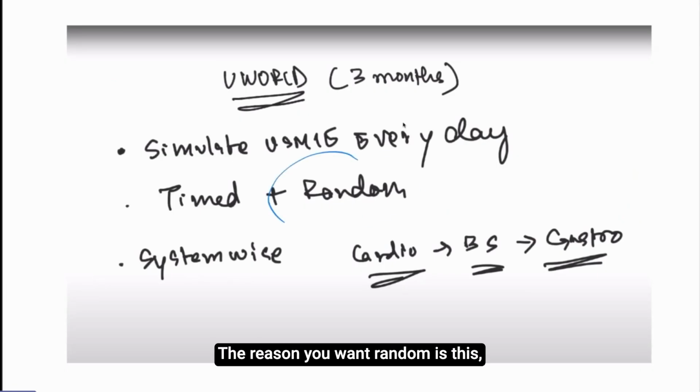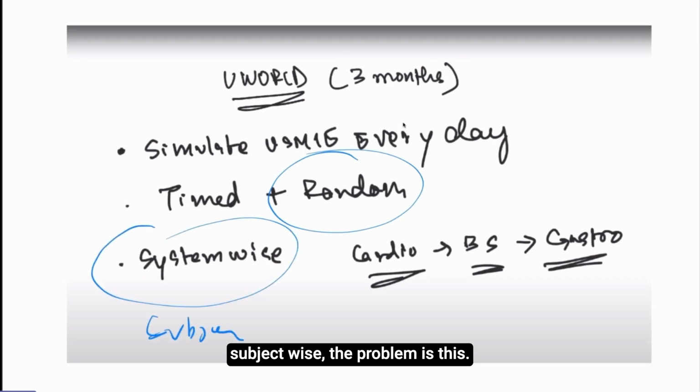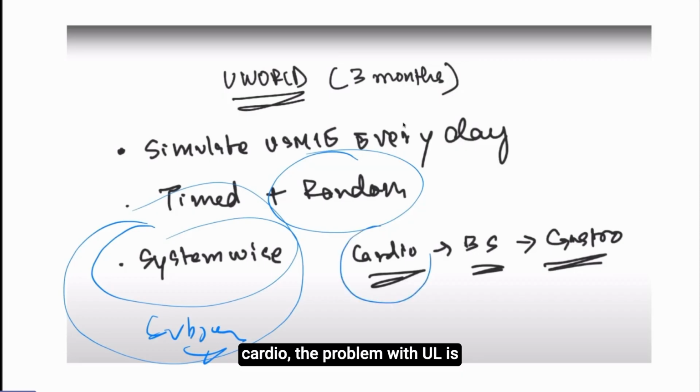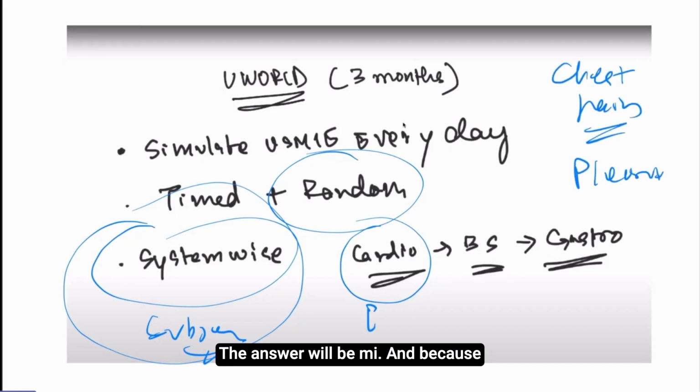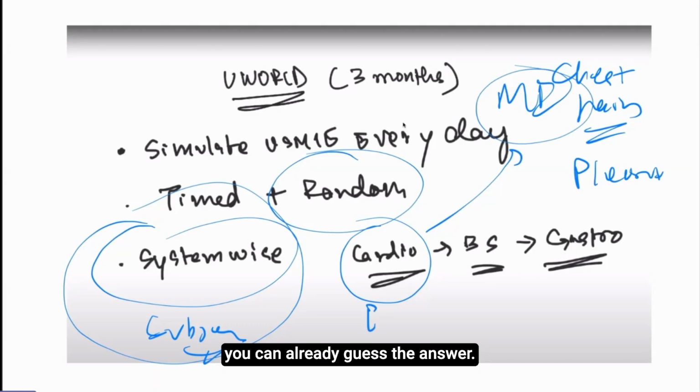The reason you want random is this. If you do system-wise or subject-wise, the problem is this: let's say cardio. If I start with cardio, the answer generally will be, let's say if somebody has chest pain, the answer is never going to be flu. The answer will be MI. Because you can already guess the answer, you're not using test-taking skills.